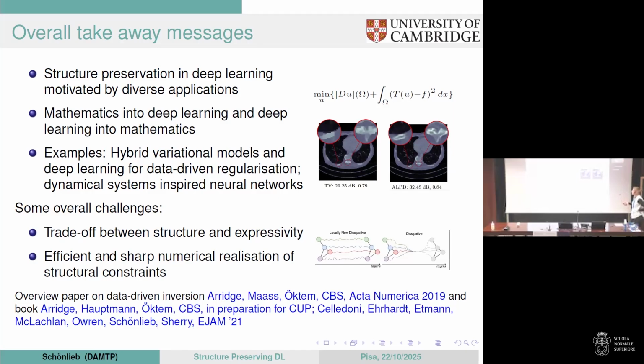Mathematics into deep learning and deep learning in mathematics are the two ways people have thought about this. As examples we had the variational regularization setting and learned iterative reconstructions. There are some overall challenges, which I alluded to throughout the talk, namely the trade-off between structure and expressivity.